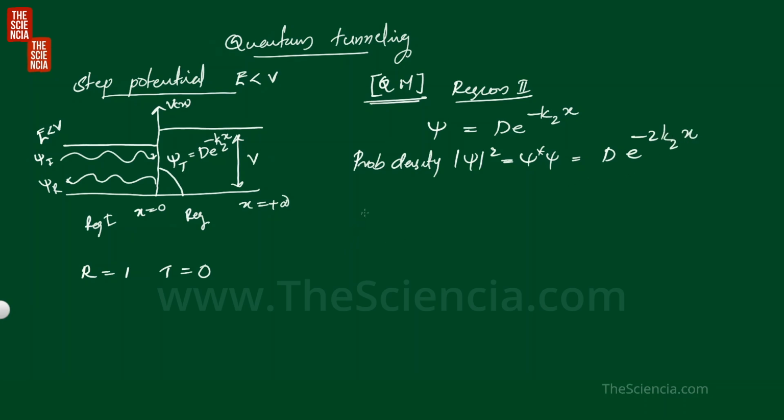Now we want to find the probability from region x equal to 0 to x equal to infinity. That is, we are going to find out whether there is any probability of finding the particle in the region x equal to 0 to infinity.